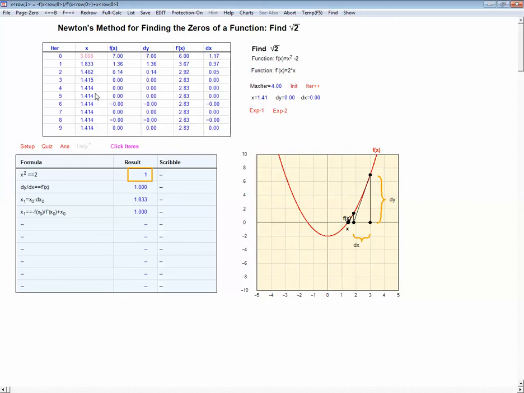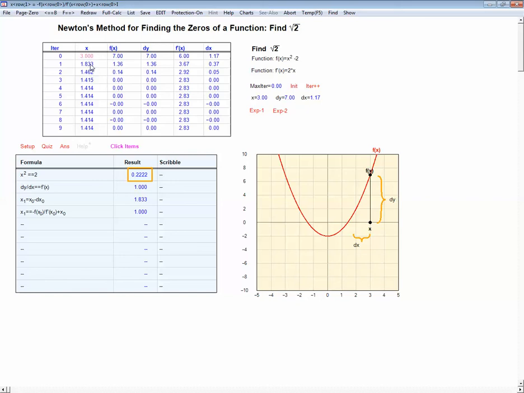And we can set that up in a spreadsheet also. Let's go back to our initial picture. Our initial step is to pick an arbitrary x, compute f of x. F of x is the same as dy. We compute f prime of x, and that x is changing. Right now x is 3.